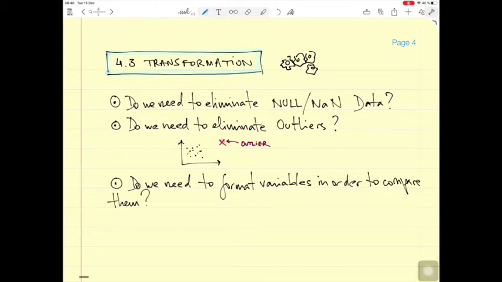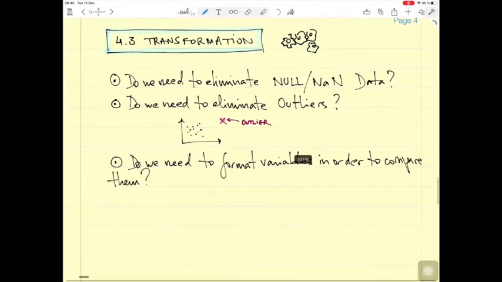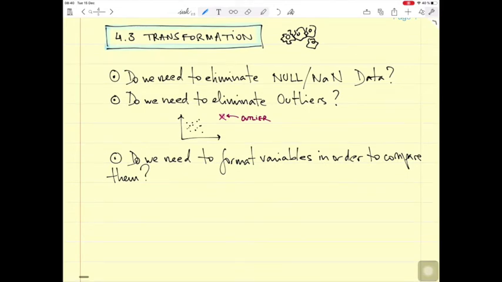We made an example in the beginning of the semester of how to format variables to bring them between 0 and 1, okay, to get a normal distribution.